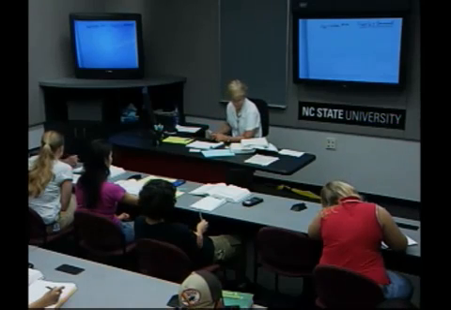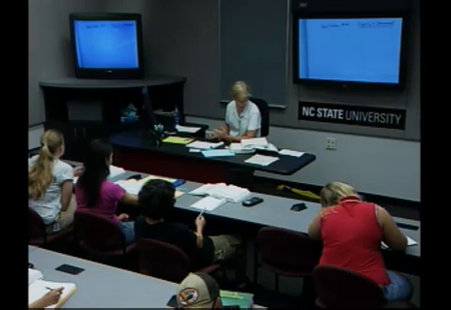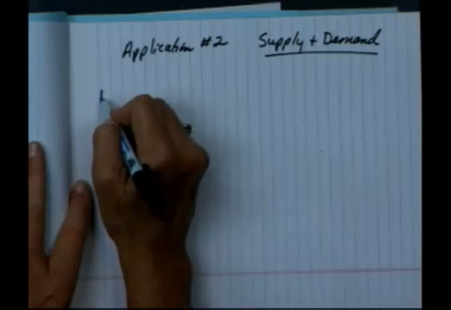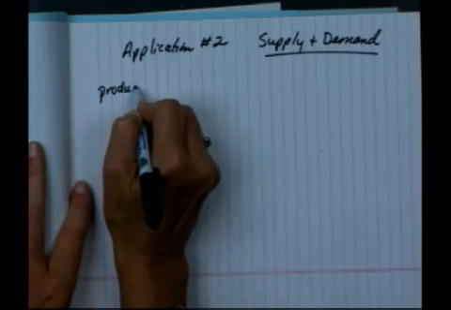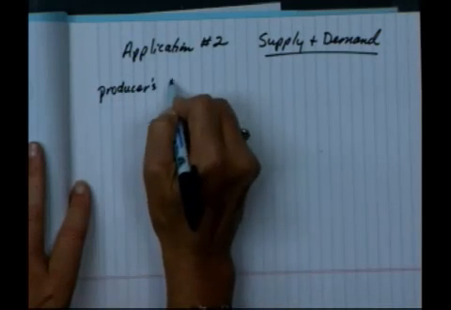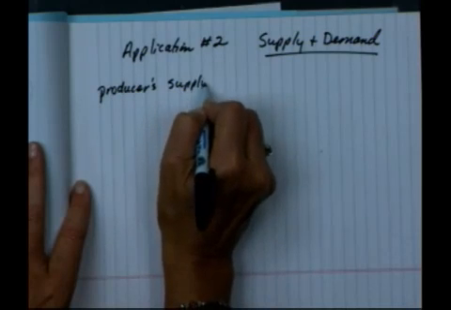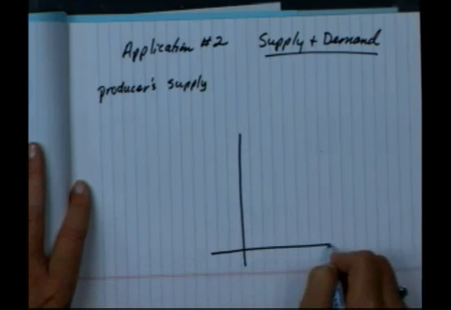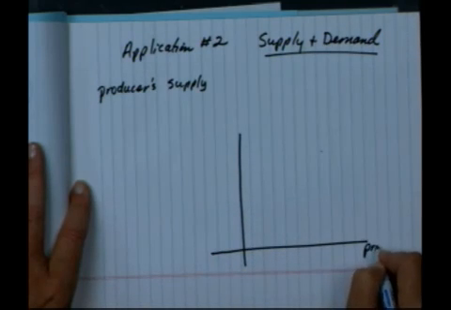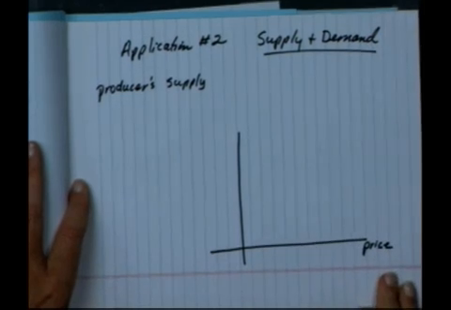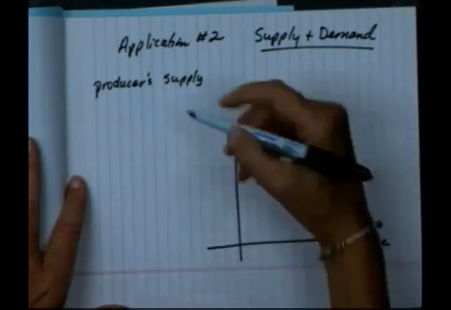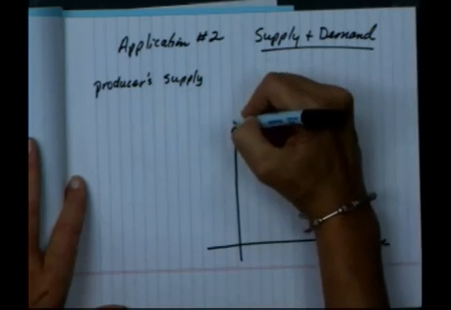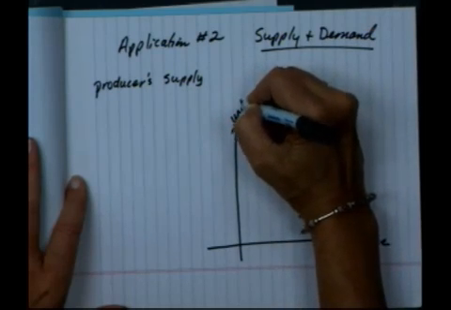Okay. I'm going to start out with the question, and then I'm going to get all the terms in here together. All right, when we talk about a supply, we're really talking about the producer's supply. The producer is running a business, and based on the price of the item, the producer will supply so many units.